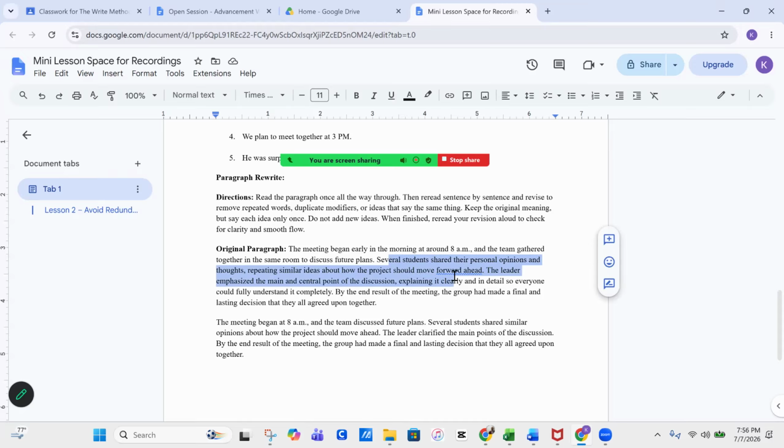That's why we have this up here so we can go back and catch what was really being said. The leader emphasized main and central point of the discussion. Right. Obviously, this is so that they can make a decision that they all agree upon, right? The leader clarified the main points of the discussion and necessary details.